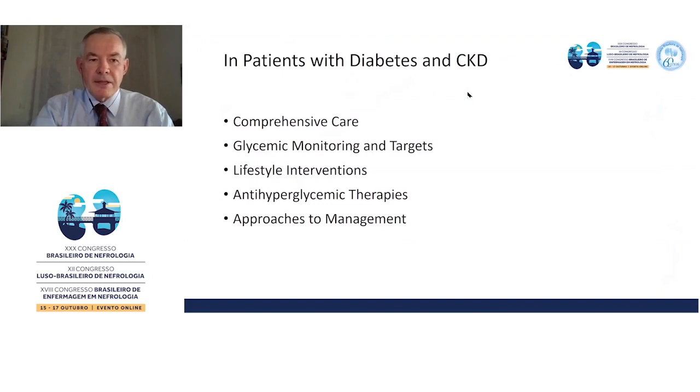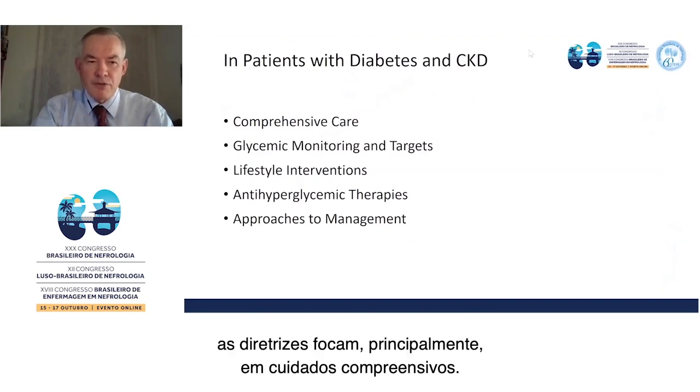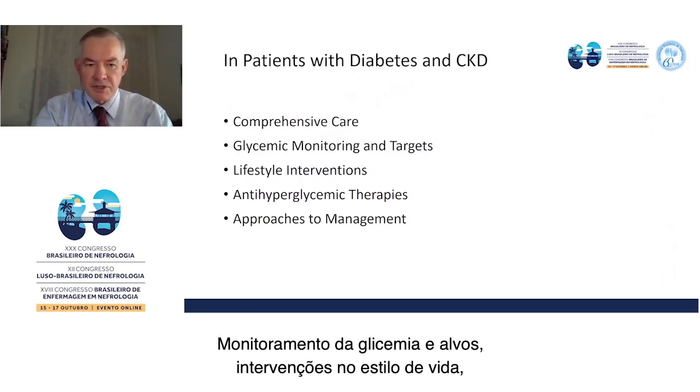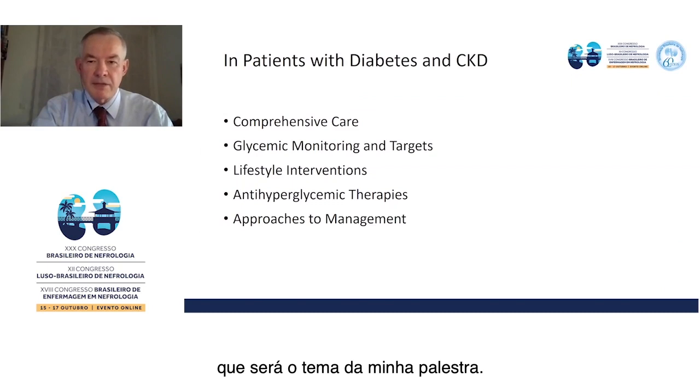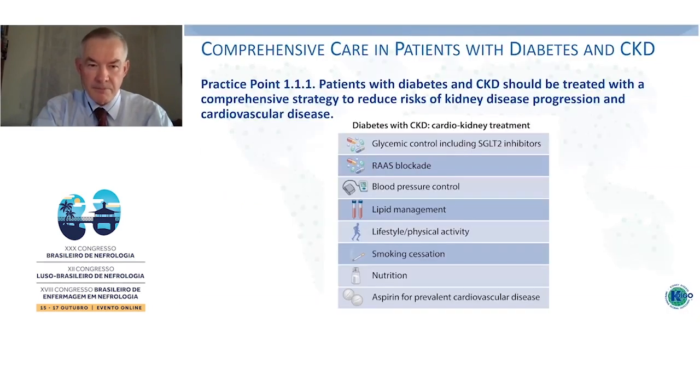So in patients with diabetes, the guidelines mainly focus on comprehensive care, glycemic monitoring and targets, lifestyle interventions, the antihyperglycemic therapies, and approaches to management, which I will mainly follow today in my talk.